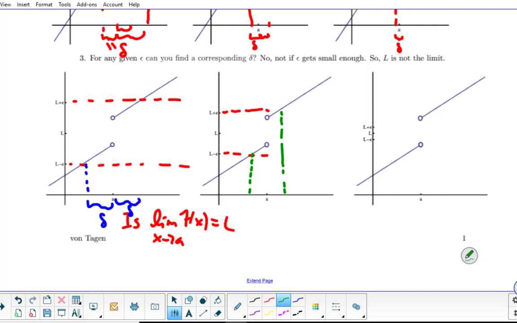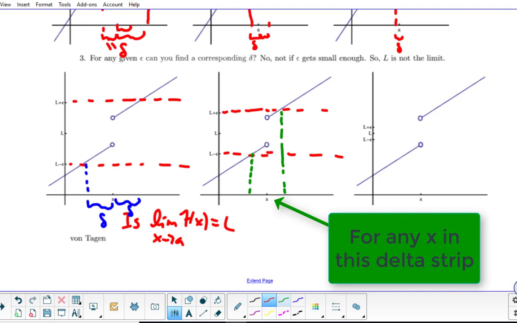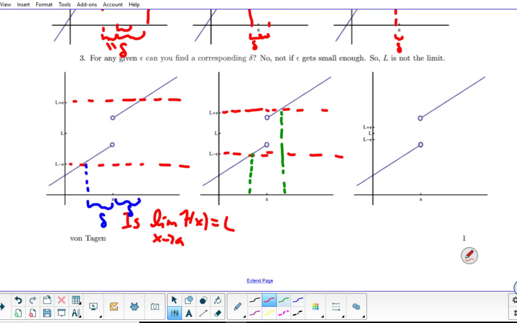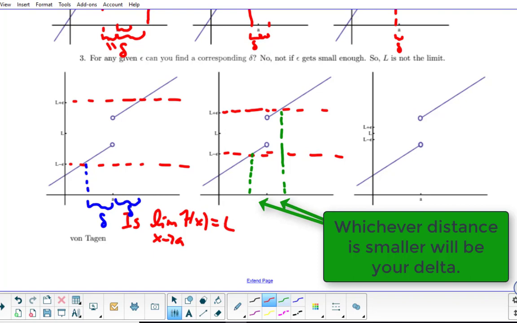So you pick an x value within here, you're guaranteed to be within your epsilon strip. And then sometimes these will be the same size, sometimes one will be smaller than the other. You take the smaller of the two to be your delta.